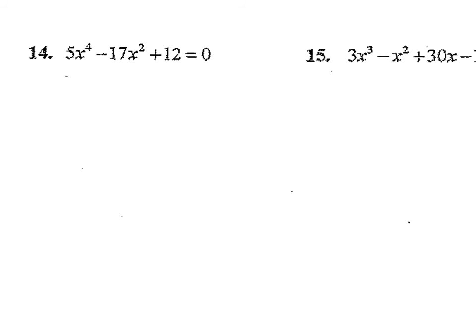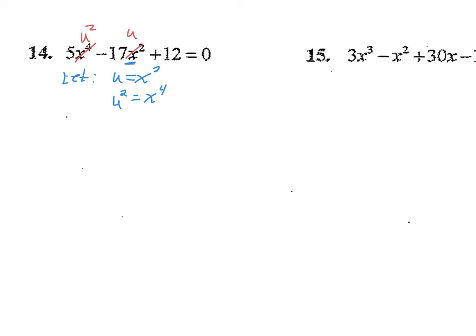If you're uncomfortable with that 5 being in front of the x to the 4th, you can follow along with me. All right, so we are going to look at that middle term, and we're going to let u equal x squared, and that means that u squared is going to be x to the 4th. So x to the 4th is going to become u squared, and x squared is going to become u.